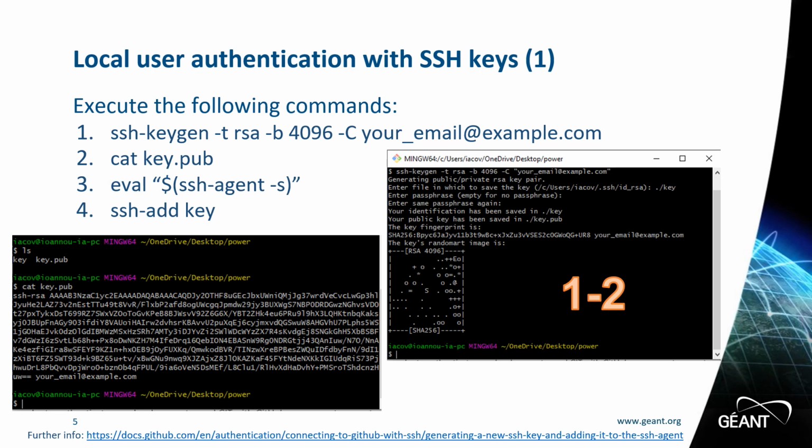The third command notifies the SSH agent that it will handle another SSH key, the eval command. And the last command adds the key to the SSH agent, ssh-add key. The public key is requested by GitHub for authentication and authorization of the computer and user, along with the username and password.